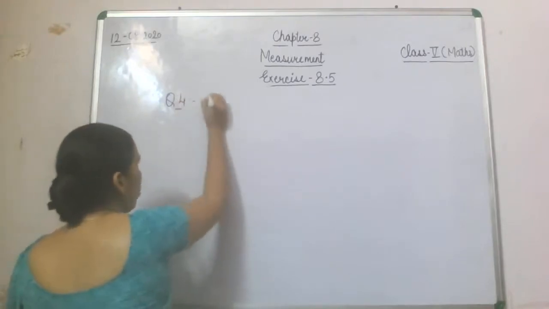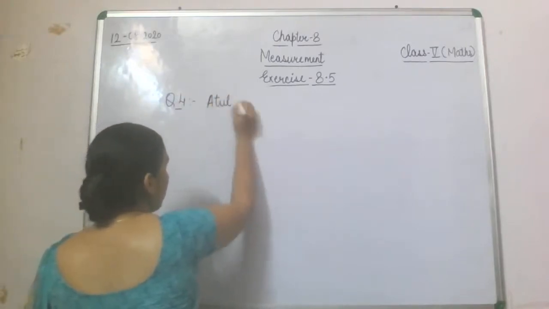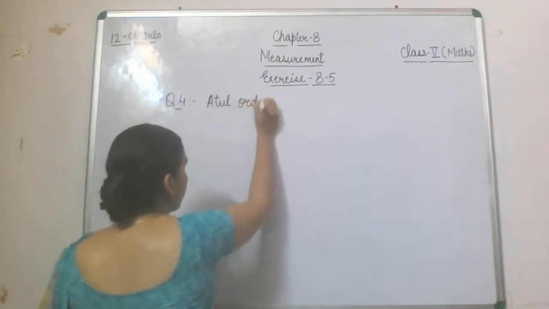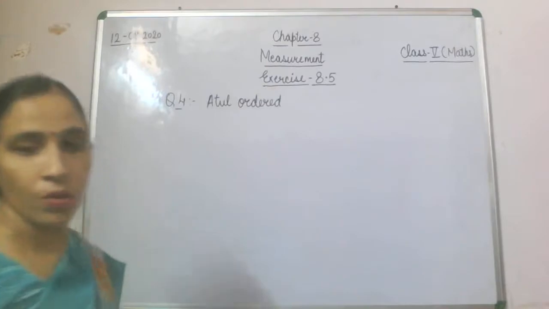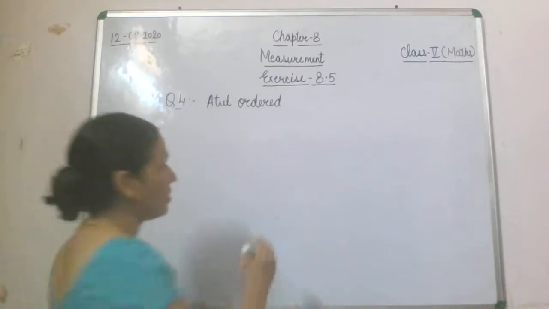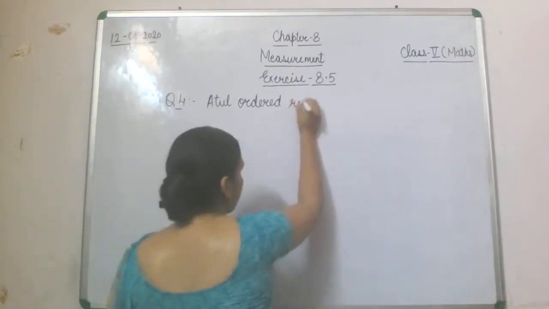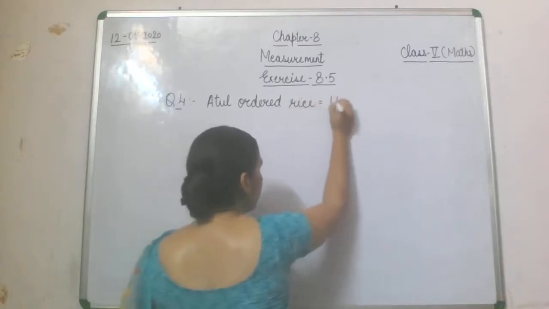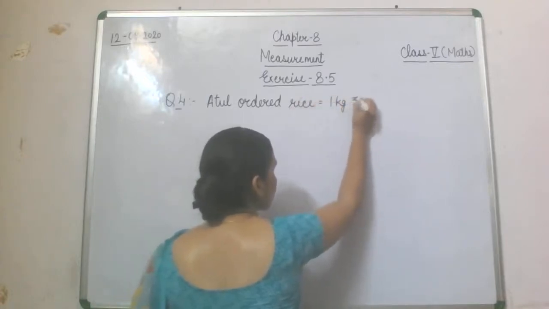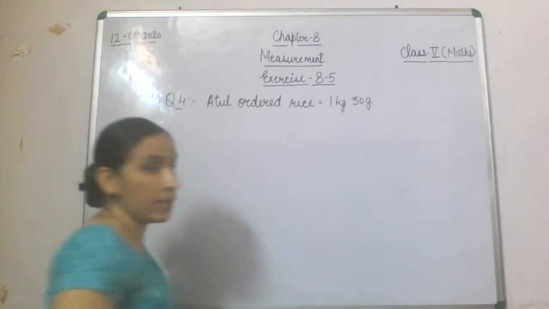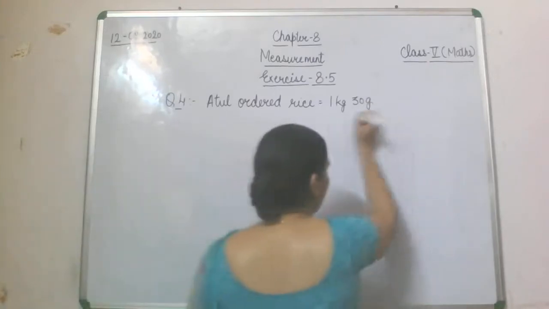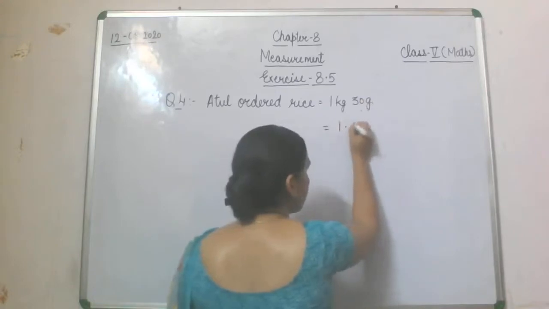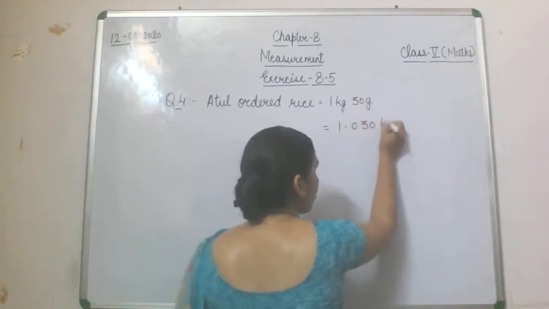Now, what did Atul order? Atul ordered rice, that is 1 kg 30 gram. If I write this 1 kg 30 gram in kg, the weight will be 1.030 kg.